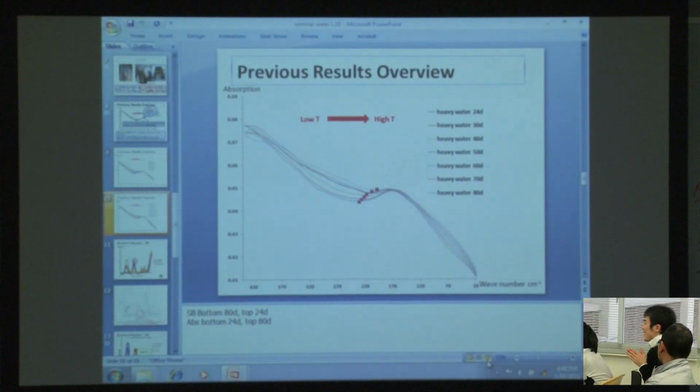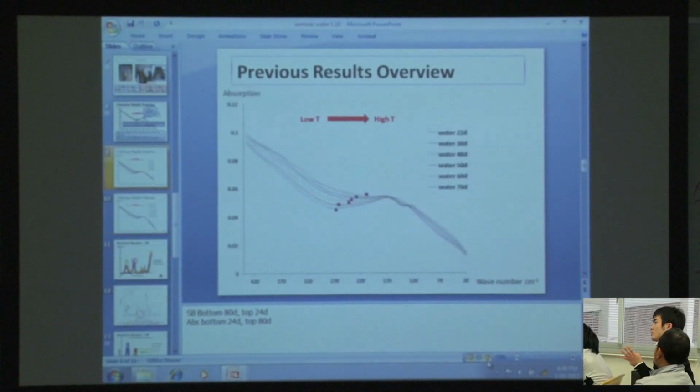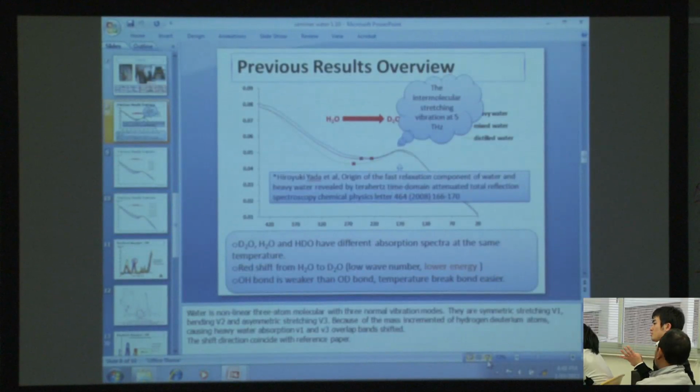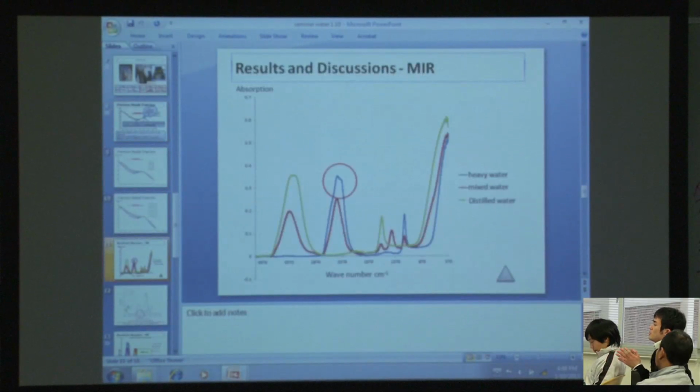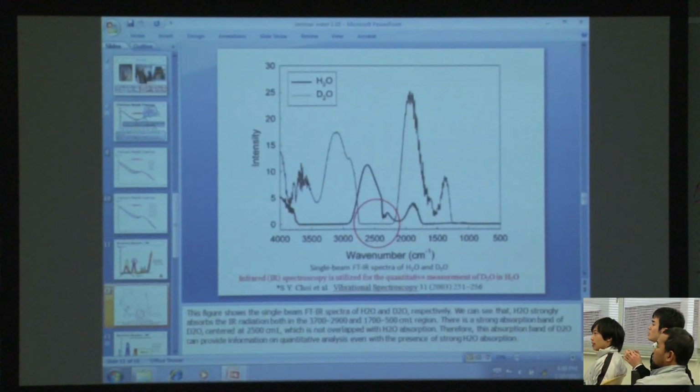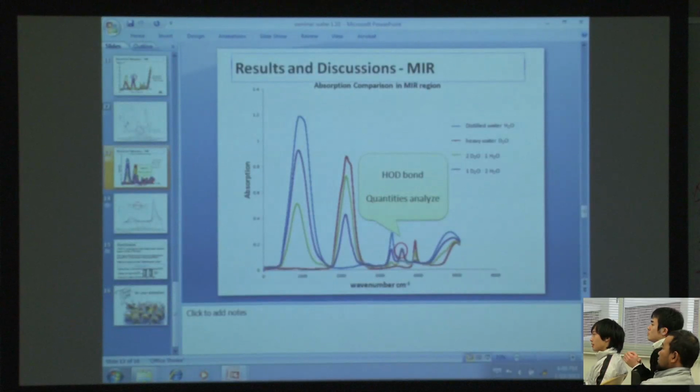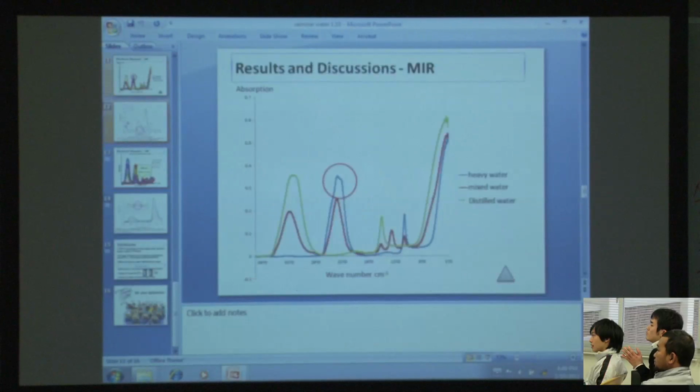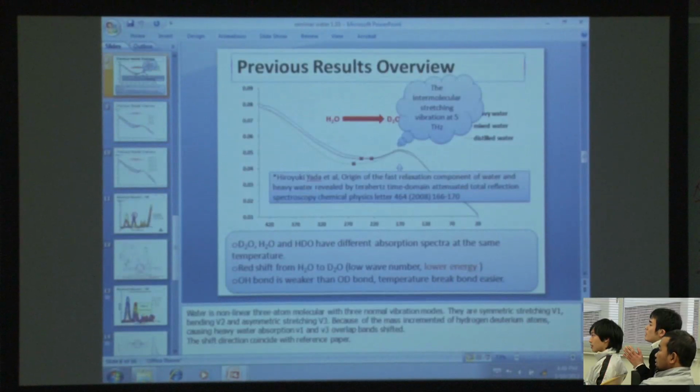You said the spectrum change depends on the temperature and concentration of heavy water. Why does the spectrum shift? This one? Why shifts?